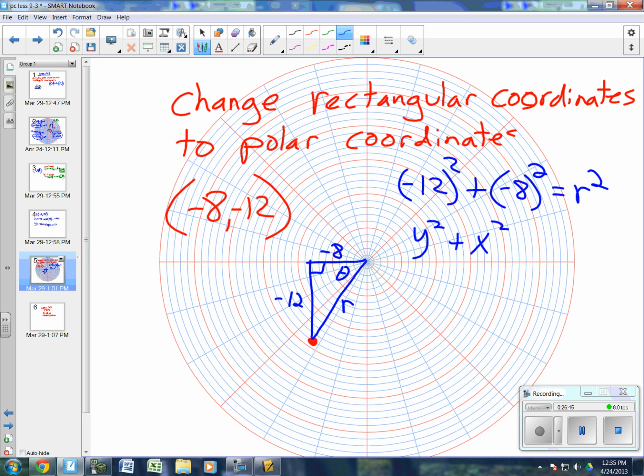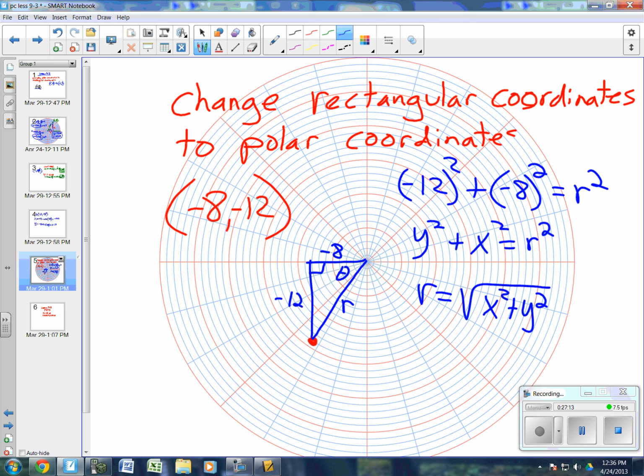X squared plus y squared equals r squared. Guys, there's a formula for finding r, except you're going to want to take the square root of both sides to get r by itself. So this is really the formula. Everybody write this down. R equals the square root of x squared plus y squared. Technically, r can be positive or negative.